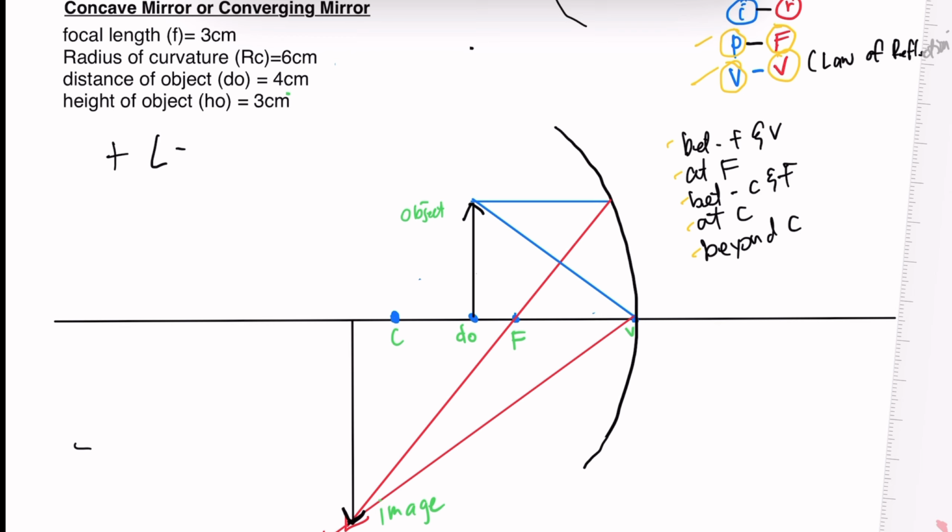So for the location, we notice that the image is located beyond the center of curvature. So we'd say beyond C, or beyond the center of curvature.